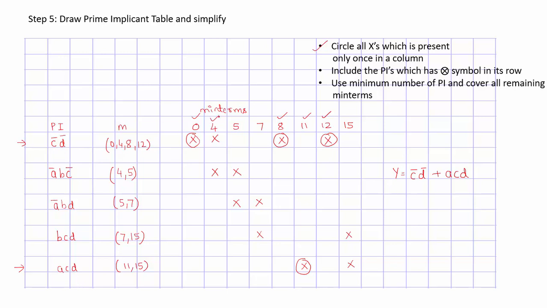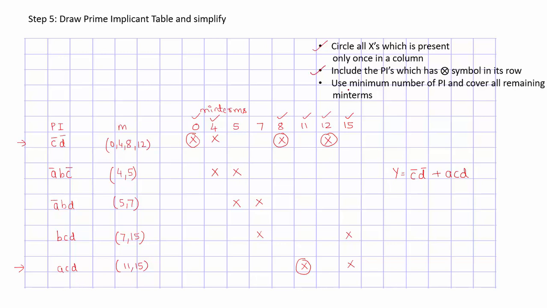So minterm 4 is also covered. Similarly, by selecting ACD, minterm 11 and 15 are covered. So 15 is also covered. Now we are left with 5 and 7. The step 2 was done.